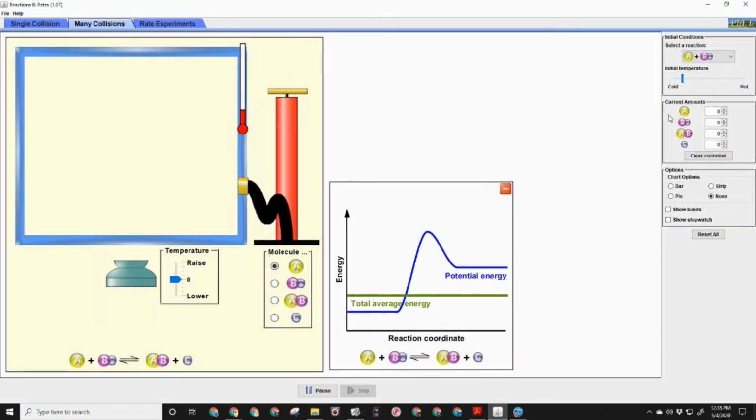So if we go back to here, and let's double it to 2, so we have 2 of these molecules. All right, so let's raise the energy by heating it up till it's above the activation energy, and we had a reaction.